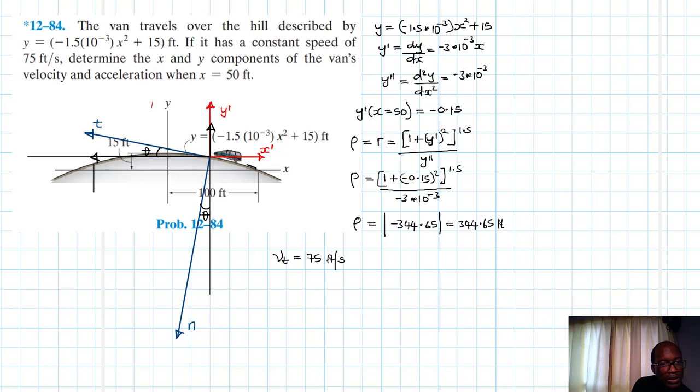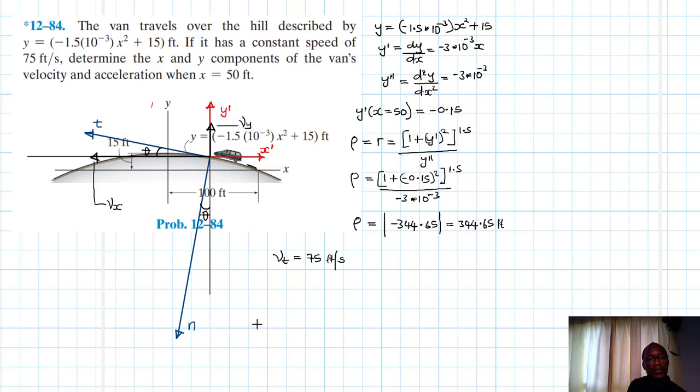This one here is Vx. This one here is Vy.